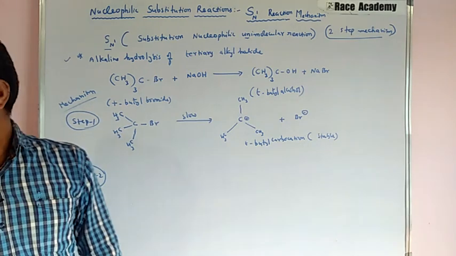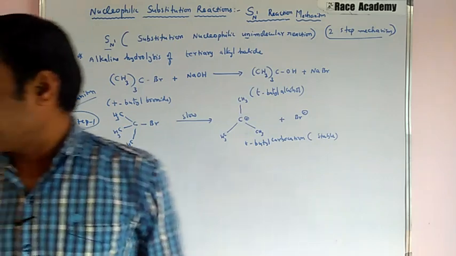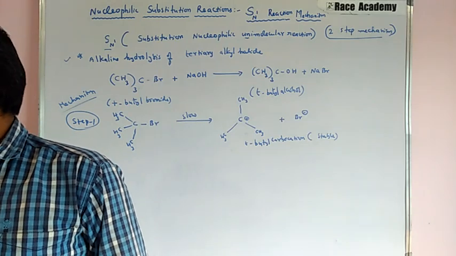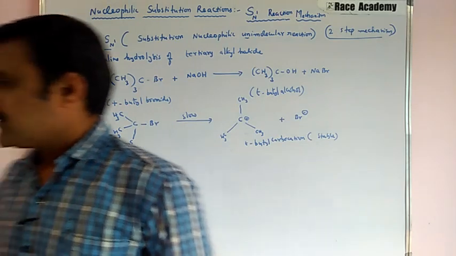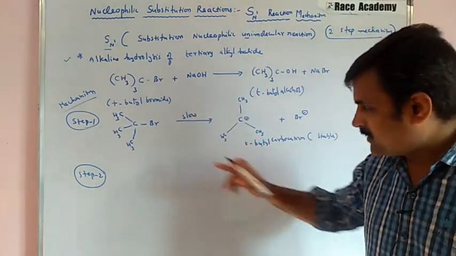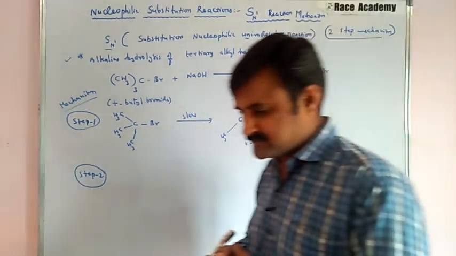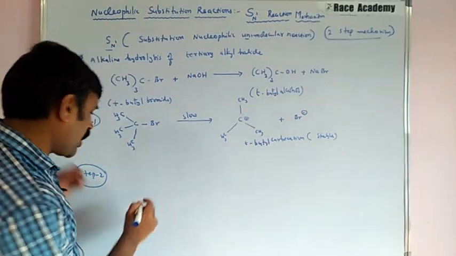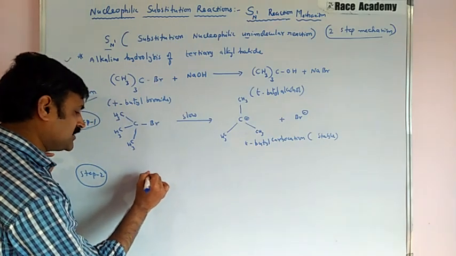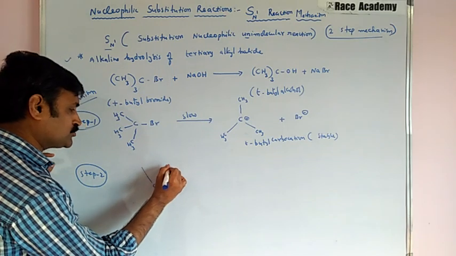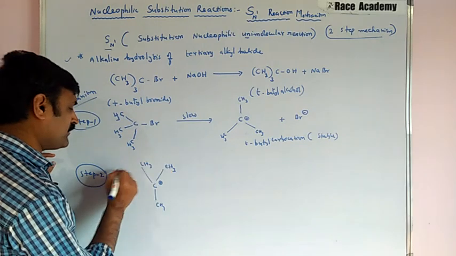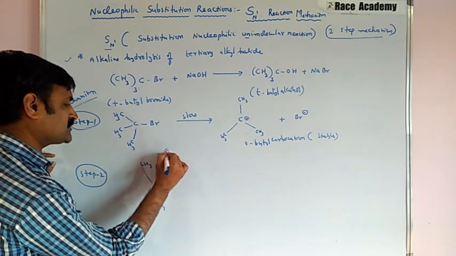What I am going to tell you in step 2 is that the carbocation is attacked by the nucleophile to form the product. So what is the carbocation? Here we have the carbocation, and this carbocation is going to be attacked by a nucleophile. That nucleophile we are calling OH minus.